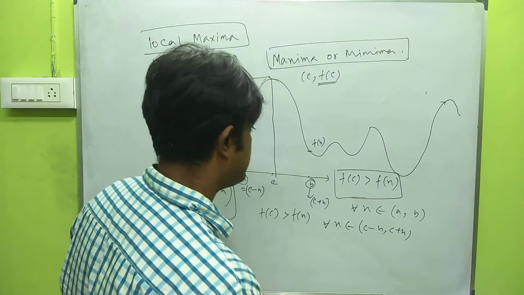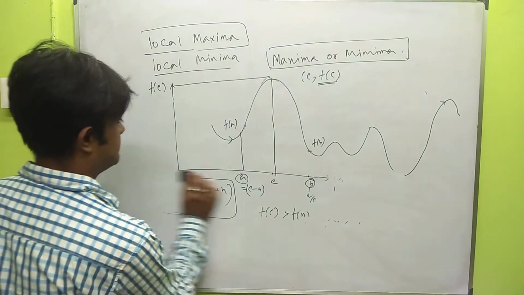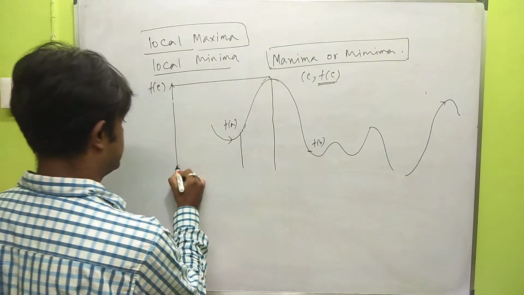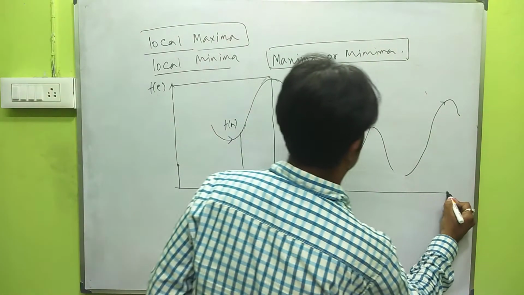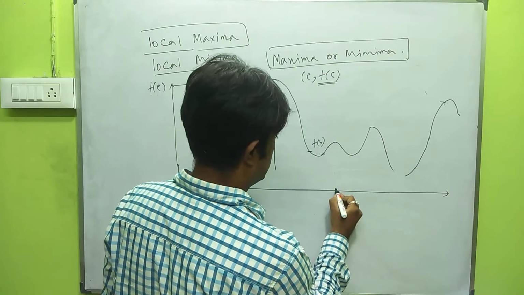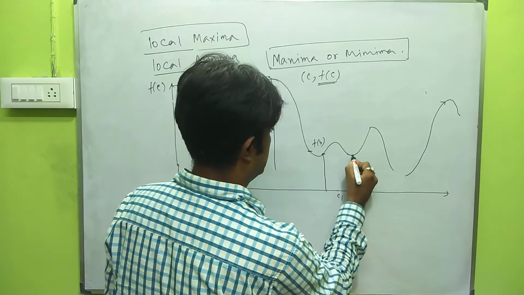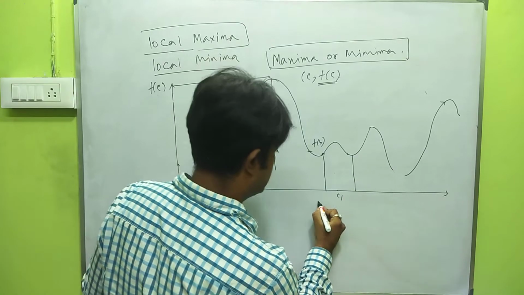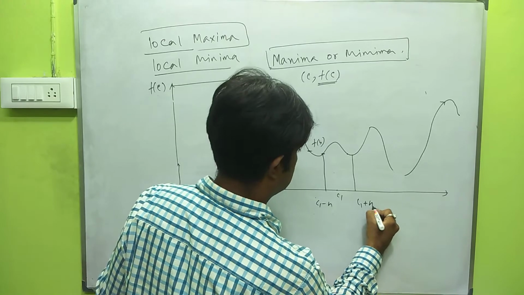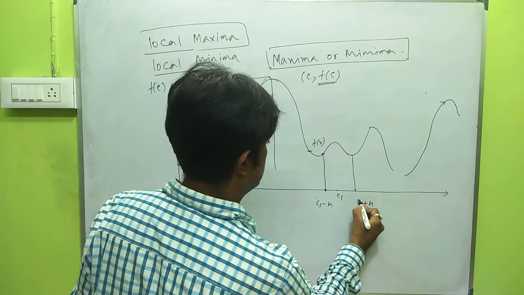Like that, if we consider this region, suppose this is C1, and a very small interval, C1 minus h and C1 plus h.